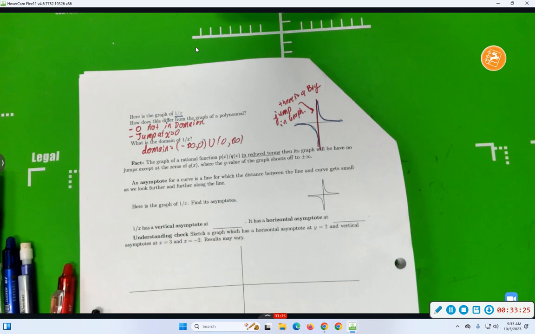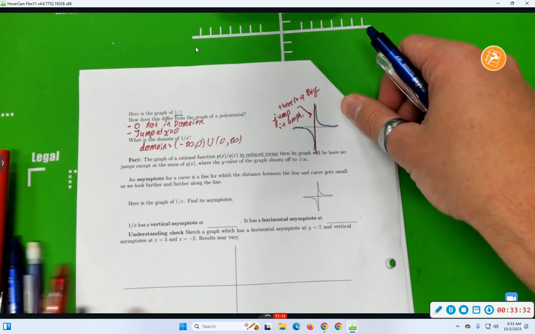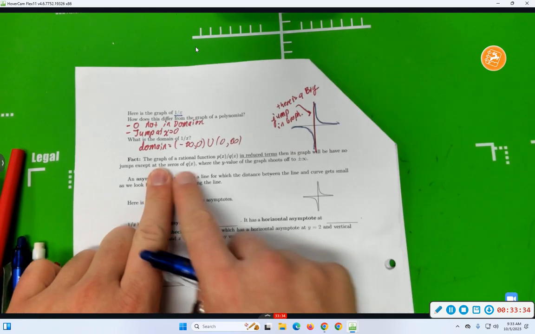Maybe just remind ourselves of that. So here's the observation about rational functions.